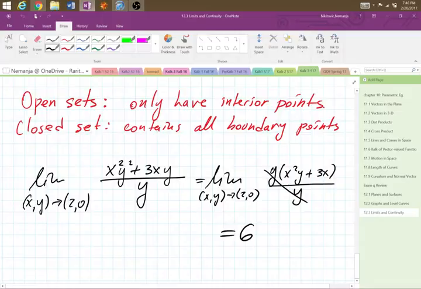If this surface was like this in space, that limit 6 would be this hole here. You can't have material there, because it had a y in the denominator in its original state.